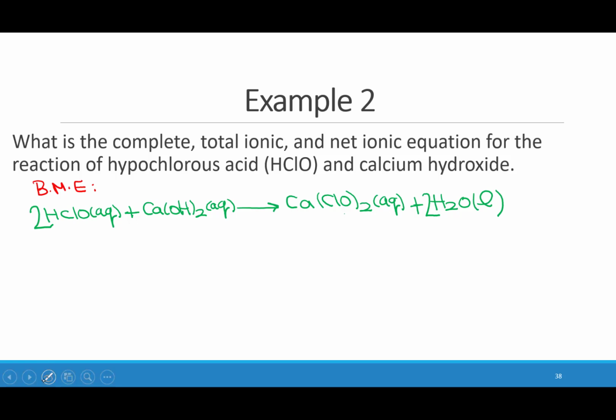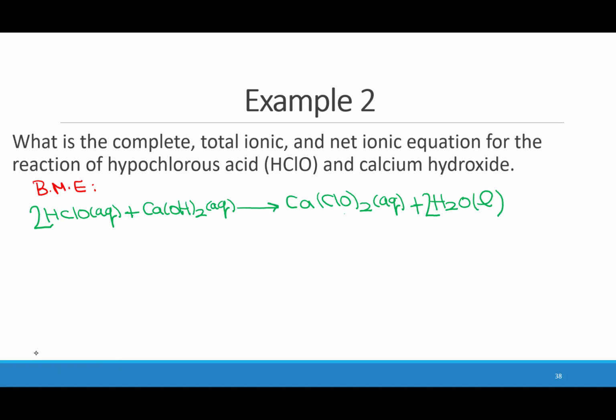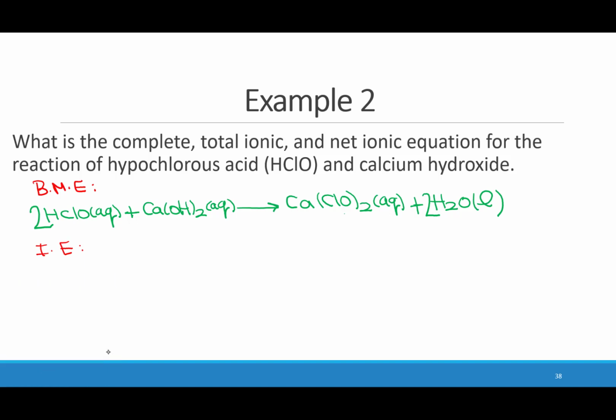Now, let's write our ionic equation. Hypochlorous acid is a weak acid. It's not a strong acid. Weak acids do not separate. Just leave it as its own.